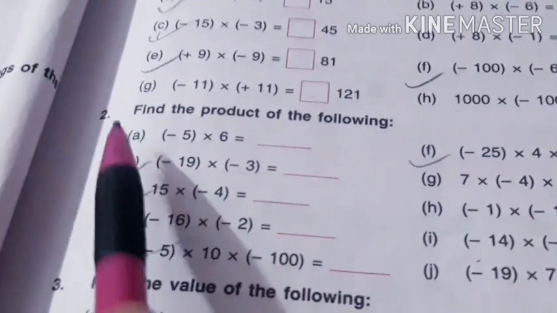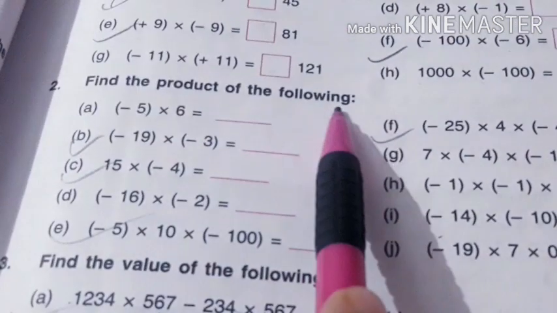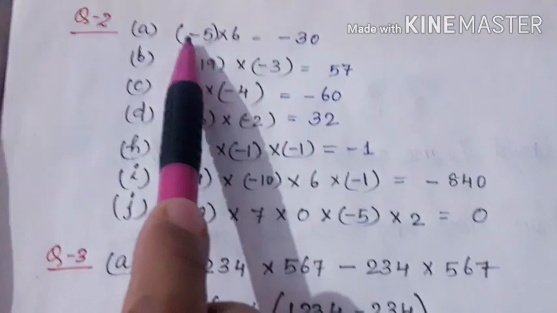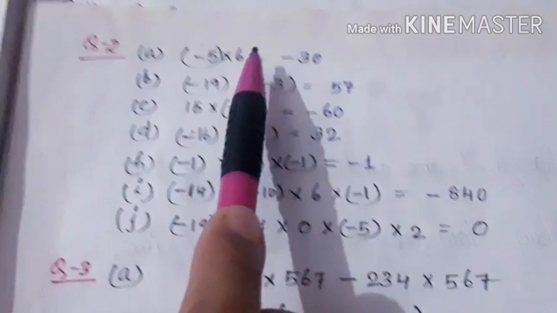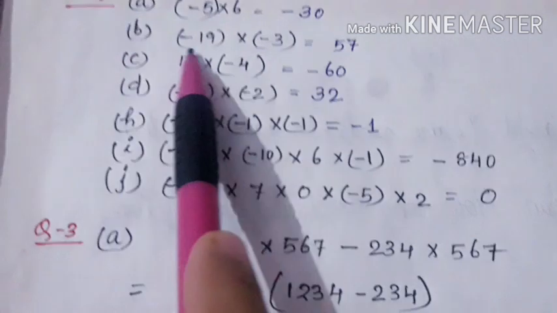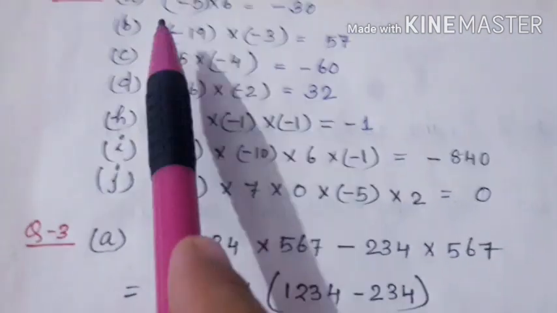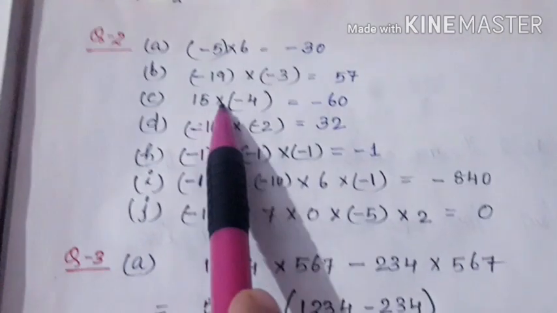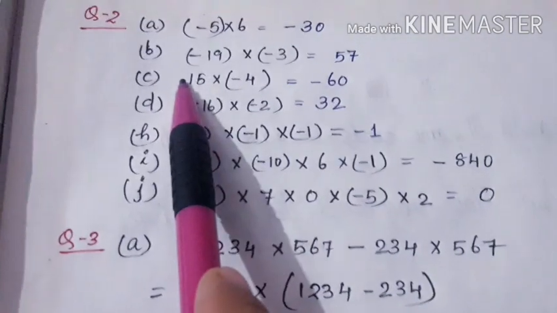Then question number 2. Find the product of the following. Okay. See, minus 5 into 6. First you put the sign here. Minus into plus is equal to minus; 6 fives are 30. Then B, minus 19 into minus 3. Minus into minus is plus; 19 threes are 57. Then 15 into minus 4: plus into minus, you will get the minus sign; 15 fours are 60.